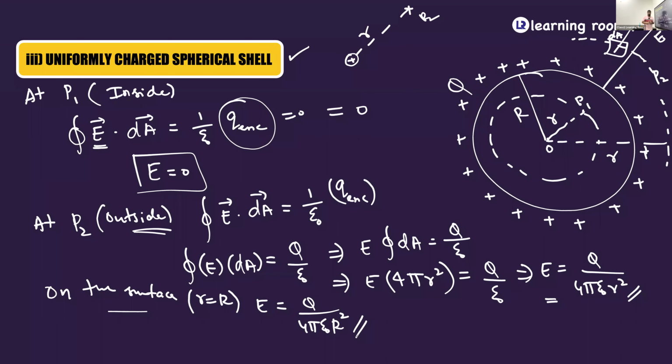Having said this, if I frame a small mathematical equation, the value of E will be equal to 0 when the value of small r is less than capital R, meaning if it is inside. Am I right?